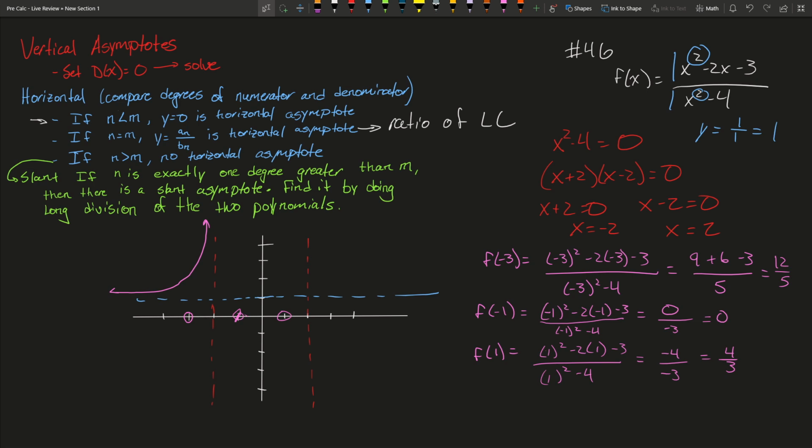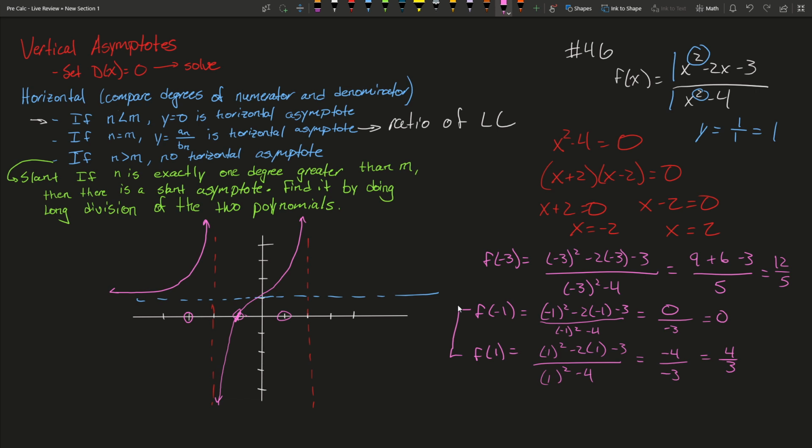So in this middle section, when we plug in things between the two asymptotes, we get 0 when we plug in -1, which is less than our blue line. But then, when we plug in 1, we get 4/3, which is greater than our blue line. So what happens is it starts down here, it will cross our blue line, and then it'll go up to infinity.